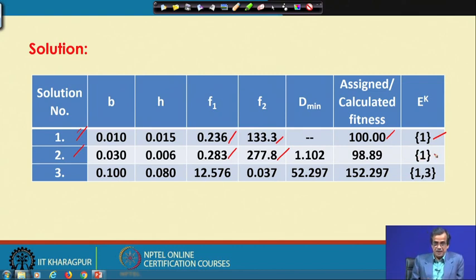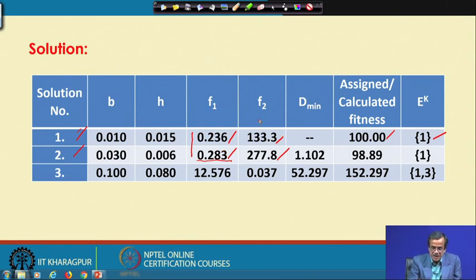Now, if I compare the values of the objective function, that means, if I compare F1 corresponding to the first and the second solution, F1 is more for the second solution. So, this 0.283 is a dominated solution, that is, the worse solution compared to 0.236, because this is a minimization problem.